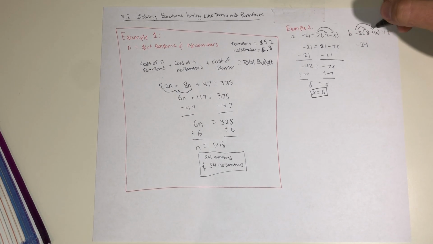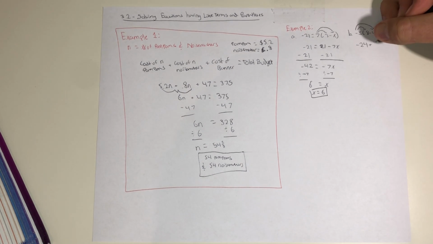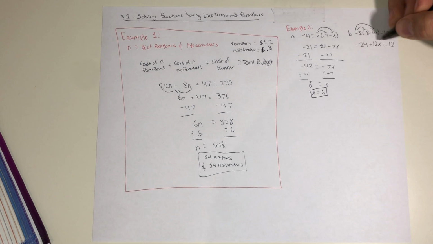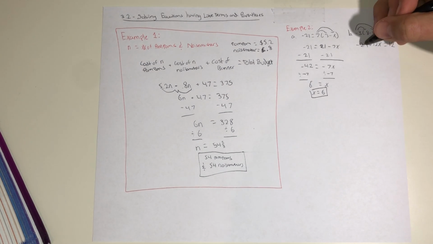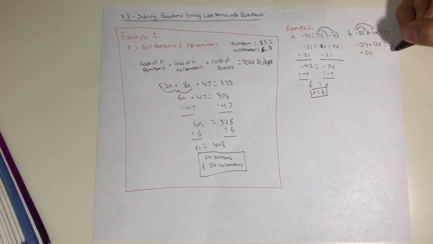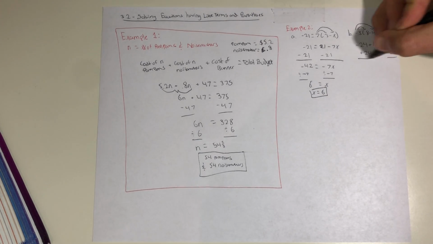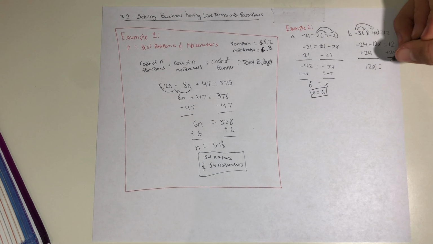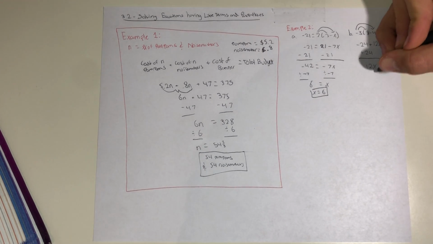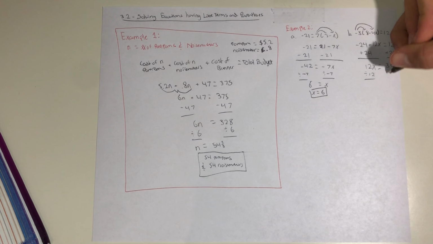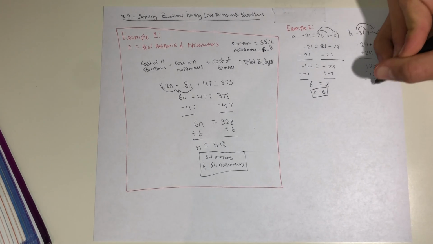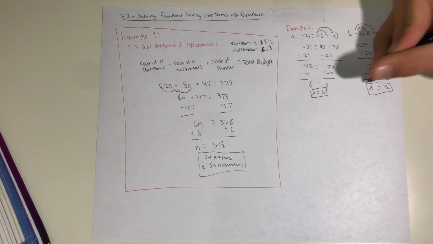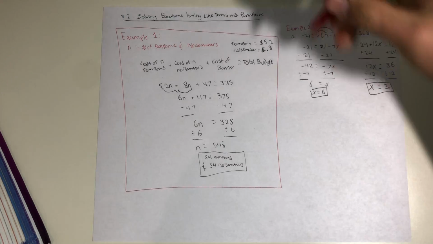And then negative 3 times negative 4x is going to be positive 12x is equal to 12. So to get rid of this minus 24, we have to add 24. Plus 24, we're going to get 12x equals 36. And then you have to divide by 12. It's going to be x equals 3. That's example 2.